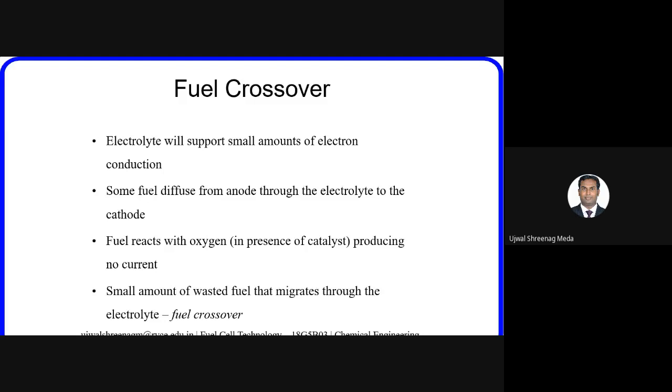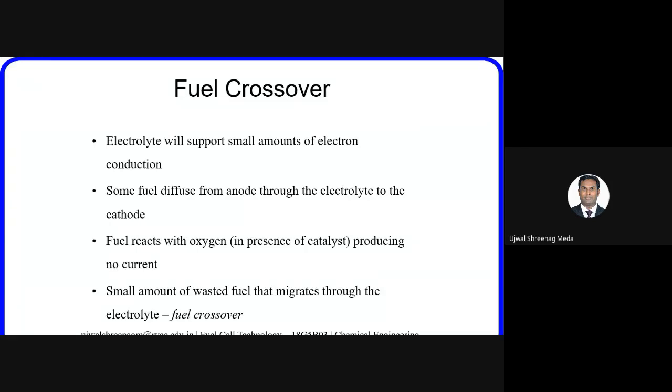So that means fuel is consumed. However, there is no flow of electrons through the external circuit because of this part of the fuel that is consumed at the cathode, which is considered as a loss. So that is the fuel crossover part of this loss.